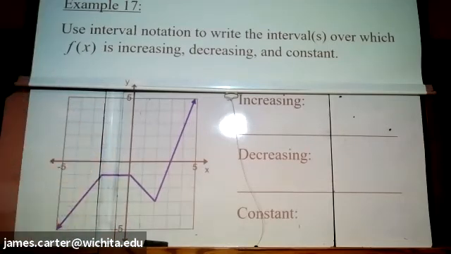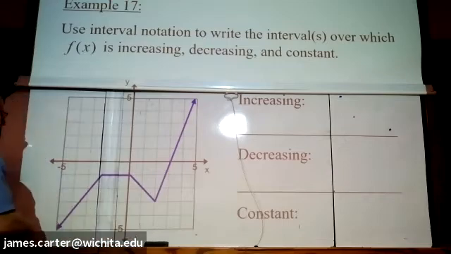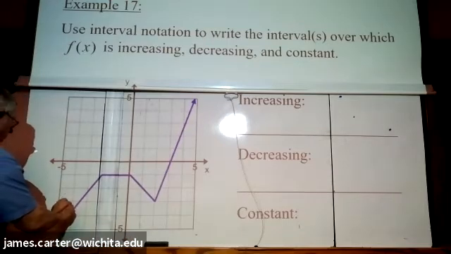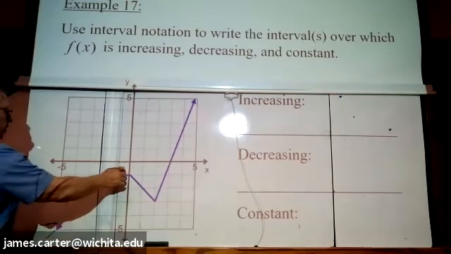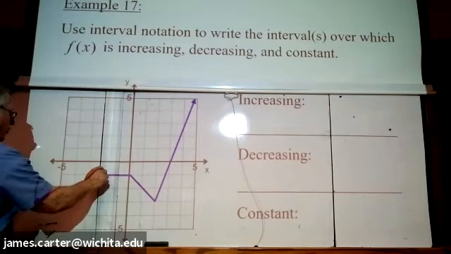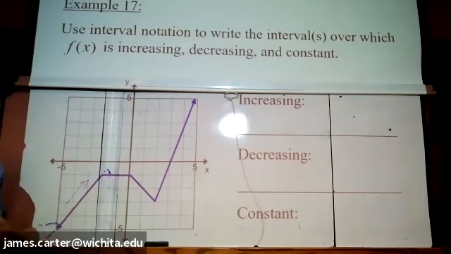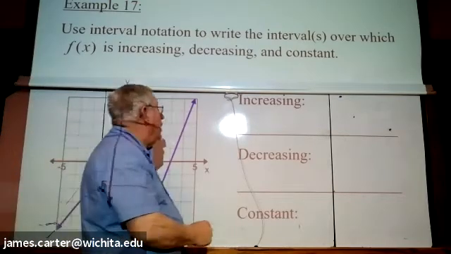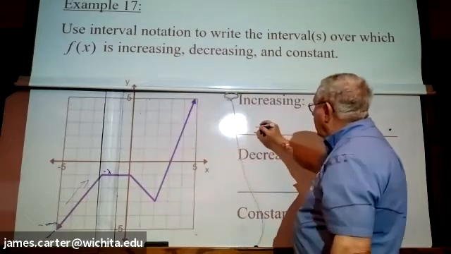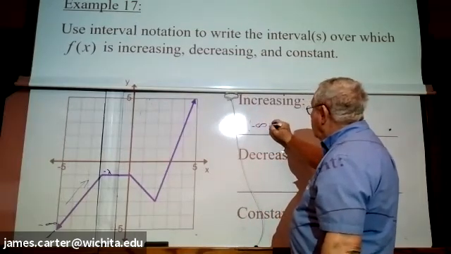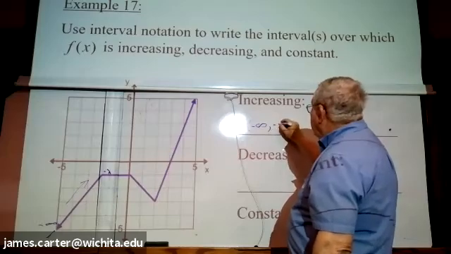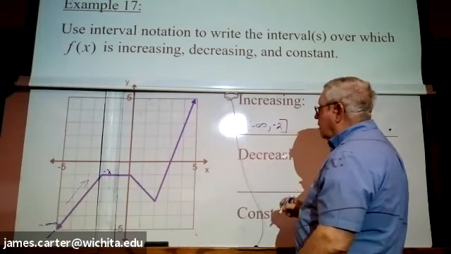Now, let's look at this graph. How would we answer this graph? Okay, this portion right here is going upwards from out here at -infinity up here to -2. So how do we write that where it's increasing here? Well, that would be from negative infinity to -2 inclusive.